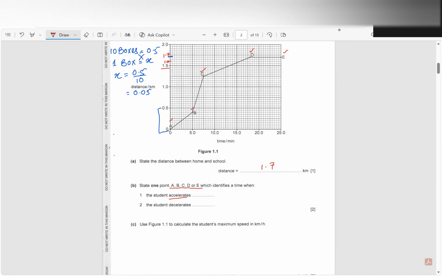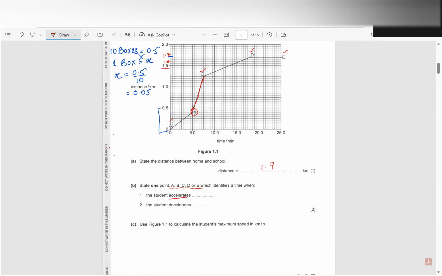In other words, we're going to see through the graph at what exact point the student's speed, therefore the graph's slope, is going to increase. So greater the slope, greater the speed. This is something we're going to keep in our mind. From A till B, there is a slope definitely. However, at point B, we can see the slope starts to increase.